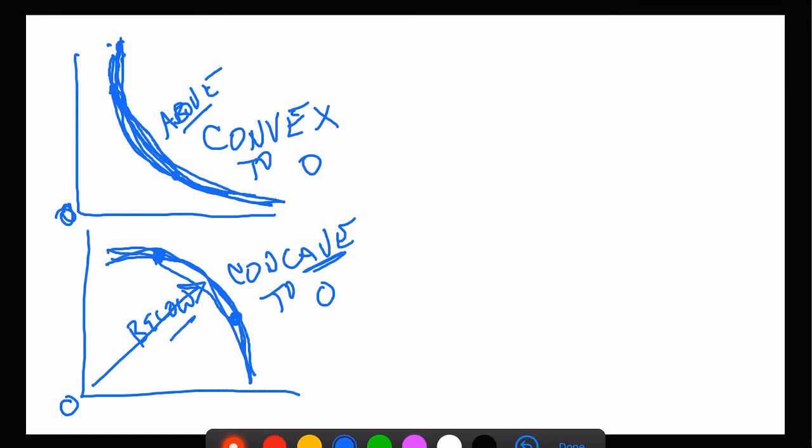That curve has different outcomes than that curve has, to know whether it's convex or concave. Okay, are we excited by that?